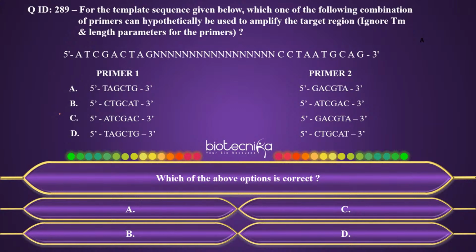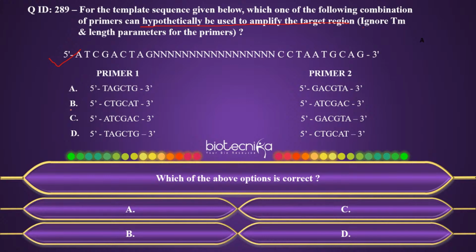Now coming to question ID 289. So it says, for the template sequence given below, which one of the following combinations of the primers can hypothetically be used to amplify the target region? So you have to ignore the Tm and the length parameters for the primers, and you have to answer which one of the following combinations of the primers can hypothetically be used to amplify the target region.